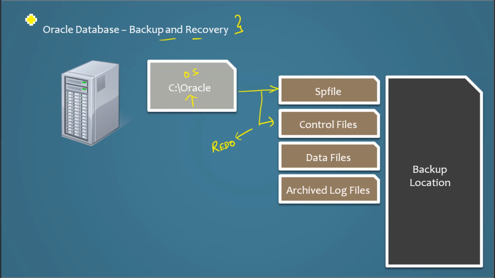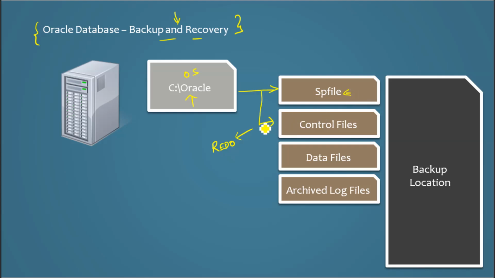I'm trying to keep this as simple as possible in the context of backup and recovery. I'm just giving you a flow of how things start with regard to Oracle database, so that it would be easy for you to understand later when I explain backup and recovery. We have the OS binary files here, and we read the SP file.